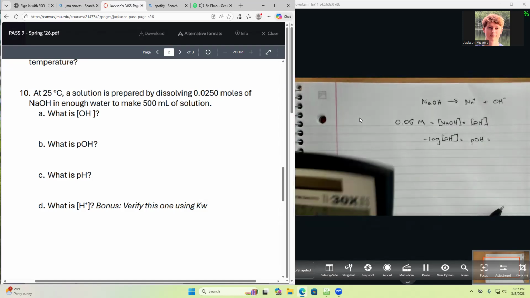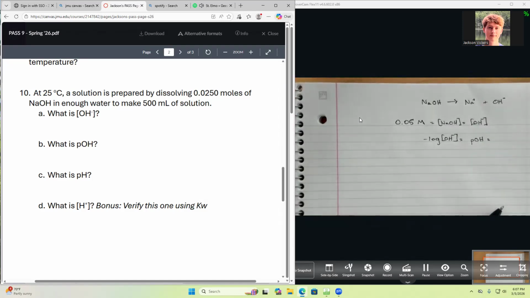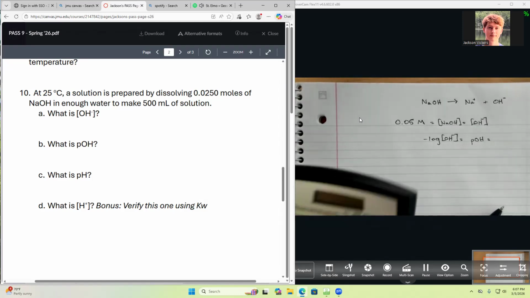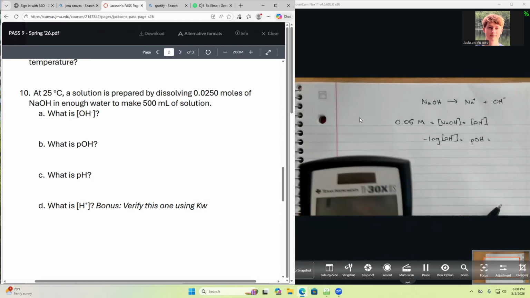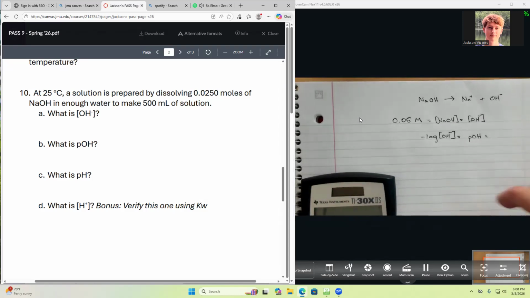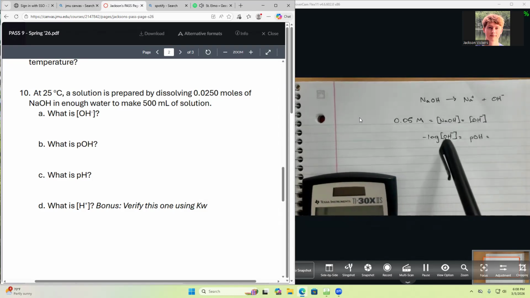We can't go straight from the concentration of OH minus to pH. We would have to go to pOH and then do 14 minus that to get pH.